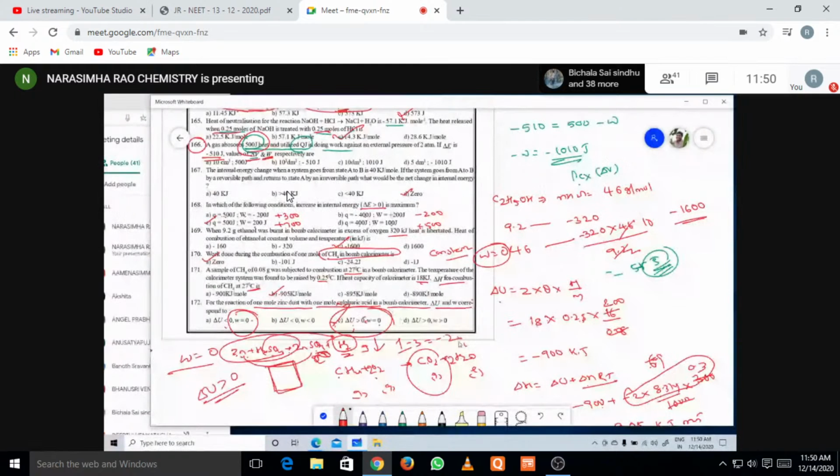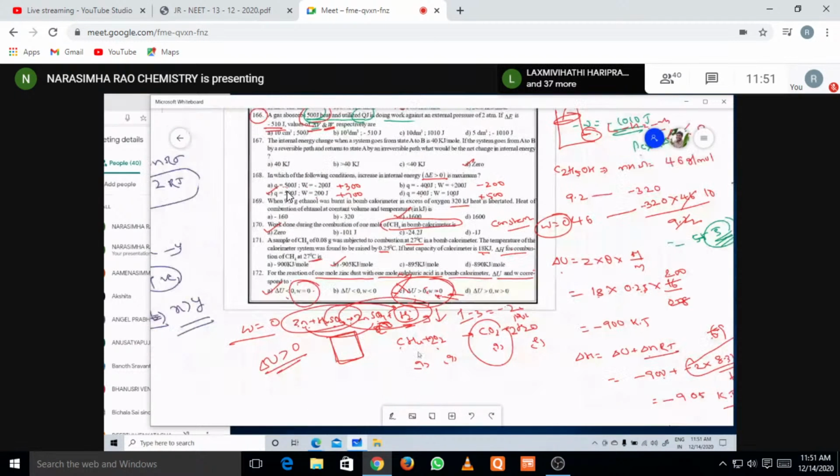That's why delta U is less than 0. This is the product, and this is the reactant. Product lower minus higher is negative, and negative means less than 0. So this is A.